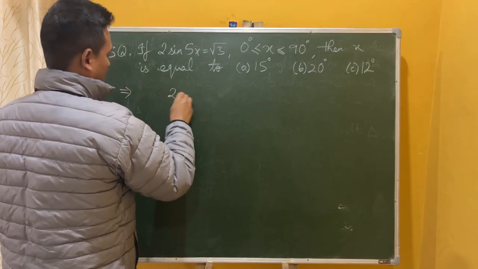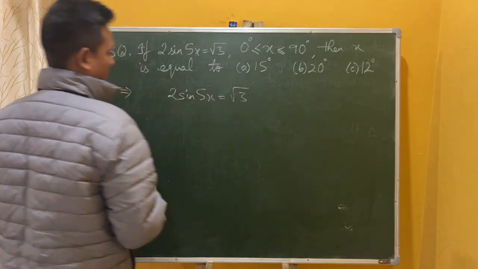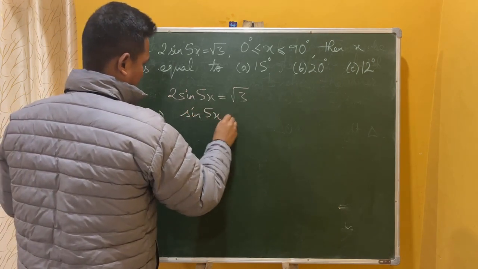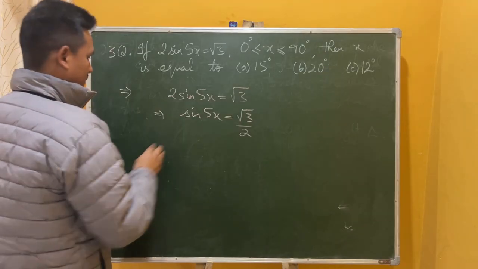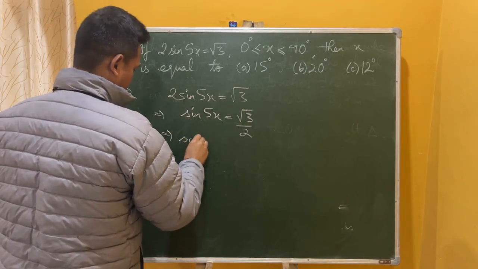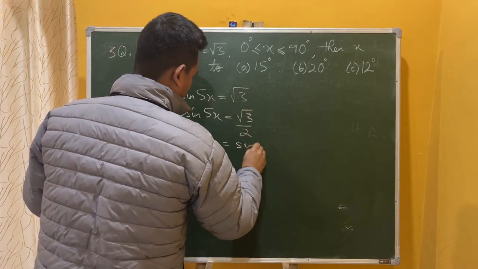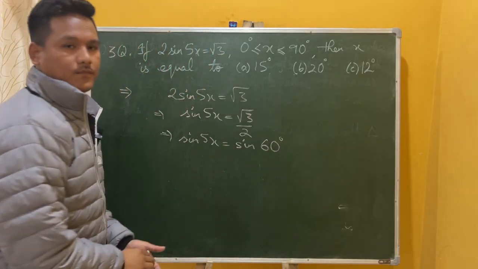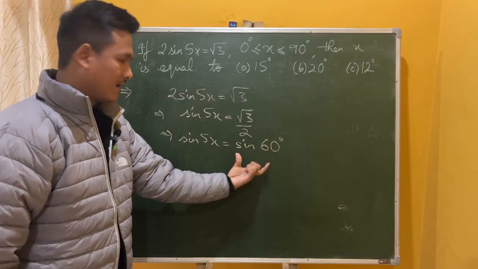So this is given. We can write like this. Now root 3 by 2 is sine 60 degree. We can write like this.